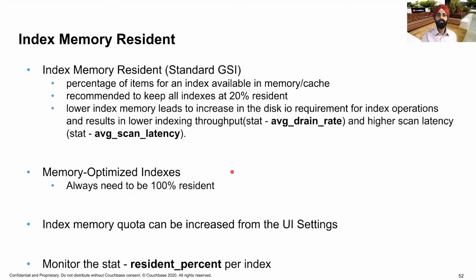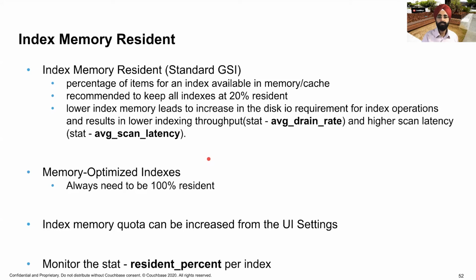So let's look at the index memory resident and how that plays a part. Index memory resident really represents the percentage of items for an index available in the memory or the cache. And it is recommended to keep all indexes at 20% resident. A lower index memory leads to an increase in the disk IO requirement for index operations.